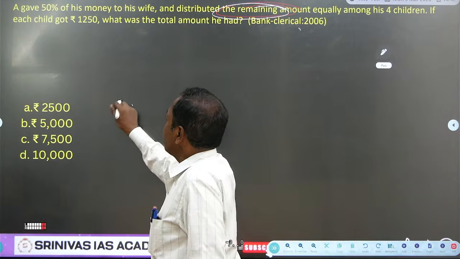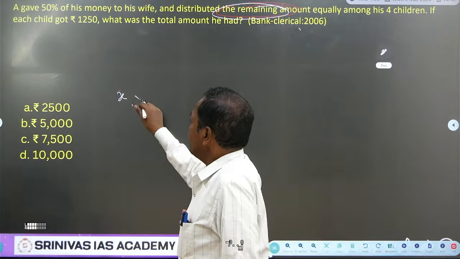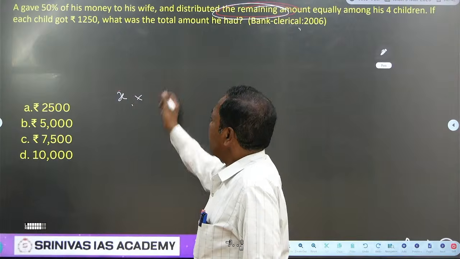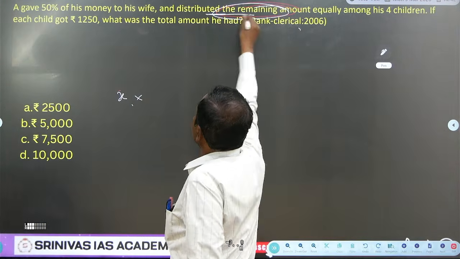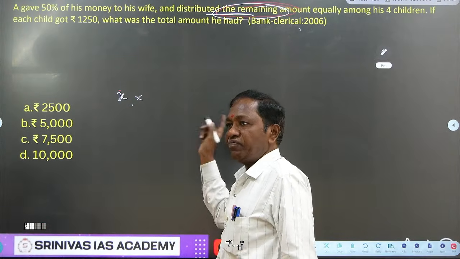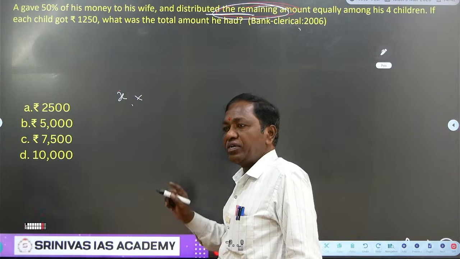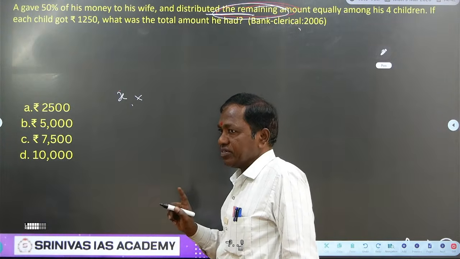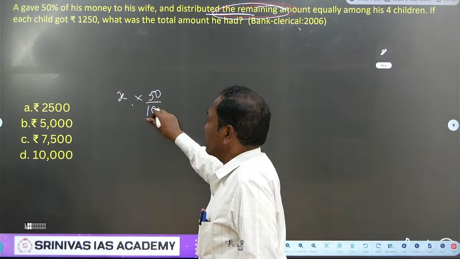Let the money he had in the beginning be X. He gave 50% of his money to his wife. We are asking about the remaining money. How much is he left with once he gives 50% to his wife? He is left with 50%. We are talking about only the remaining money.